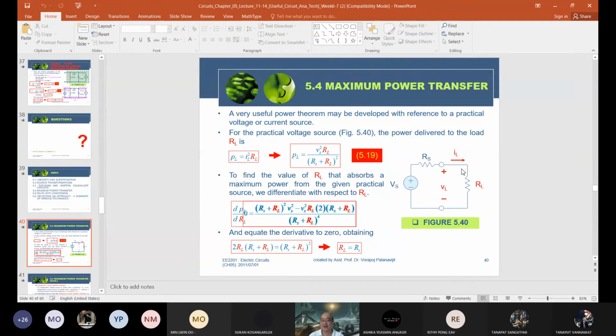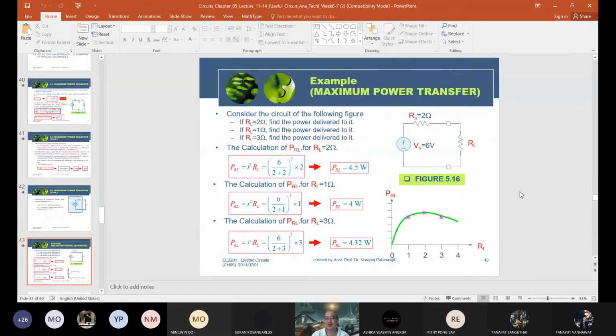Only that. From my point of view, the difficult task for maximum power is the Thevenin equivalent circuit. If you cannot find the Thevenin equivalent circuit, you cannot find RTh. If you cannot find RTh, you cannot determine the RL that receives the maximum power, because RL must equal RTh.